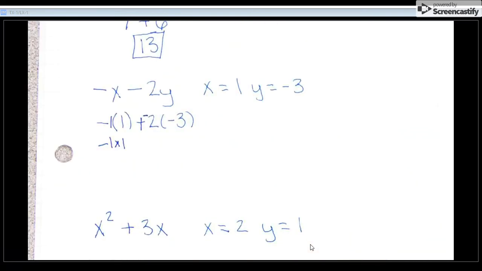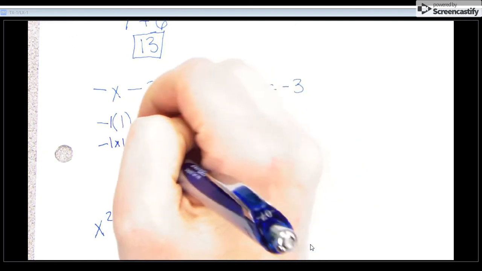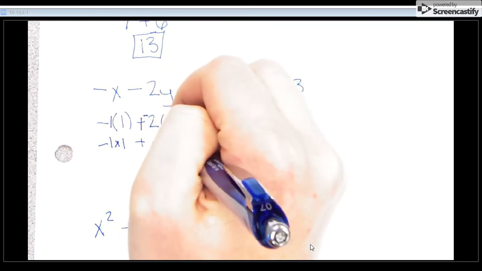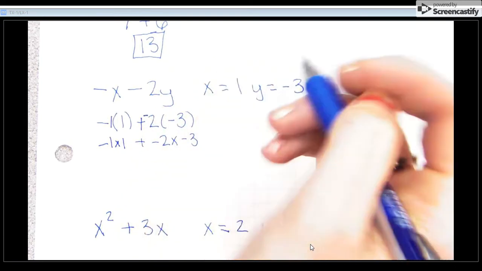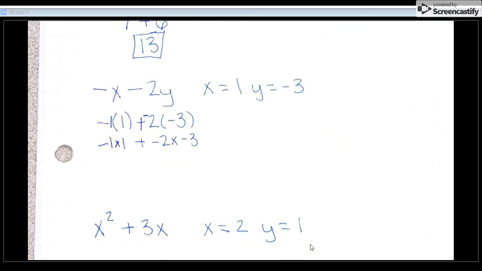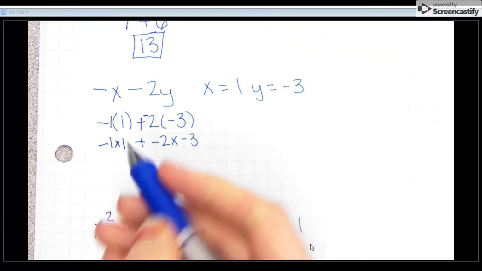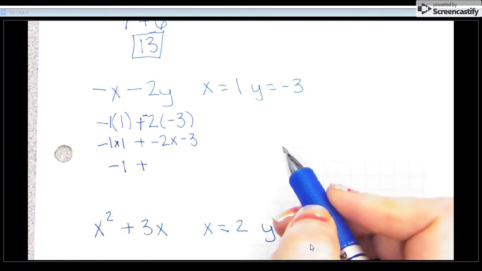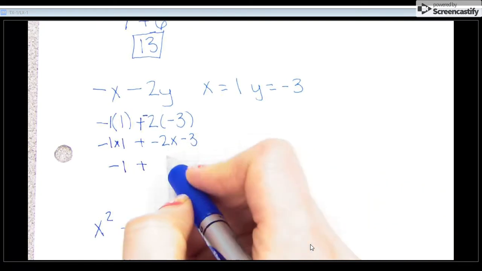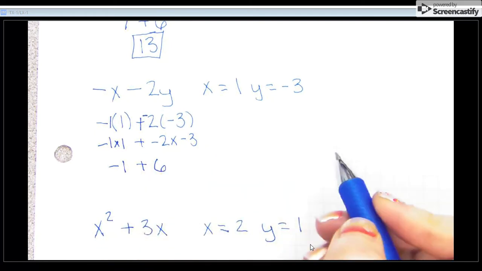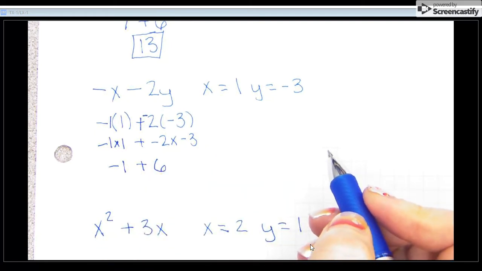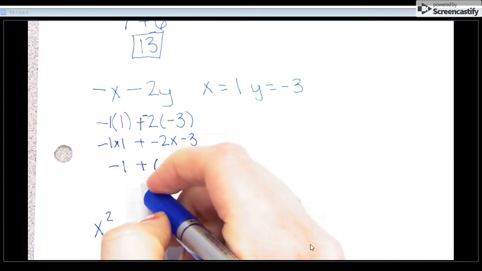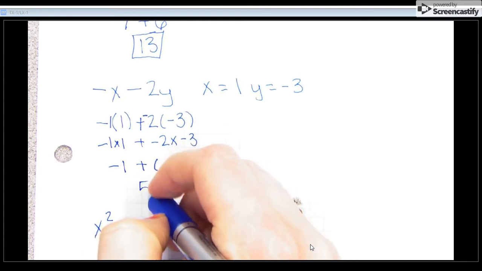So I did change opposite, just so that I can see that that is going to be the problem of negative 2 times negative 3. I'm now going to complete order of operations. So negative 1 times 1 is negative 1. And that is being added to negative 2 times negative 3, which I know is 6. Adding those together, I have the answer of 5.